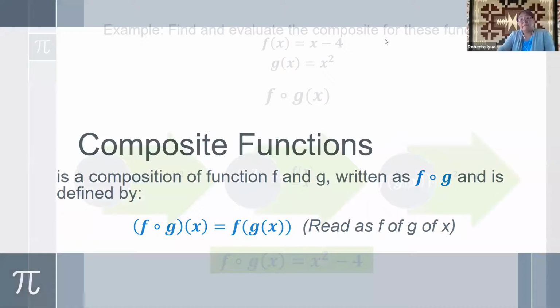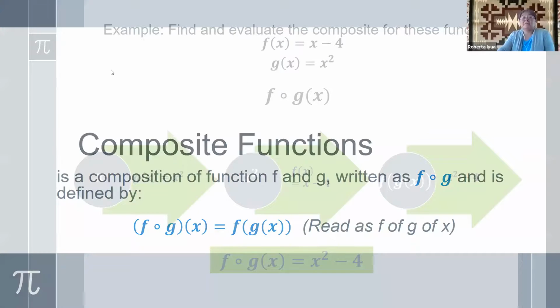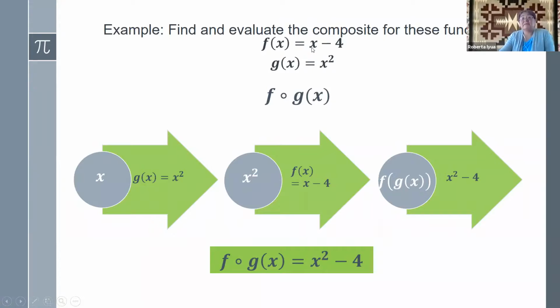Find and evaluate the composite of these functions. f of x equals x minus 4, and g of x equals x squared. We're going to start with x, and then g of x equals x squared.